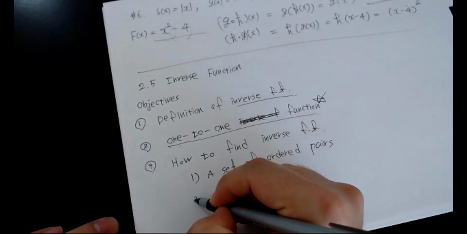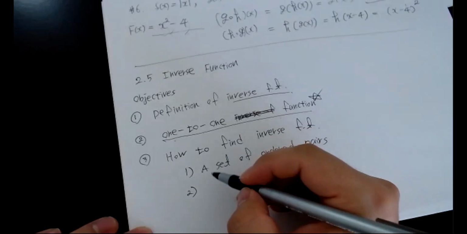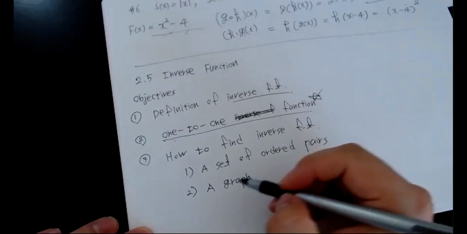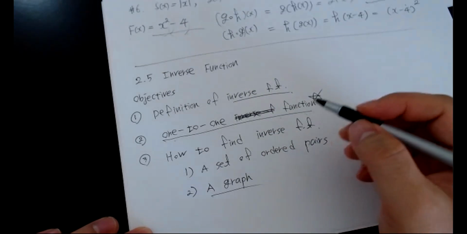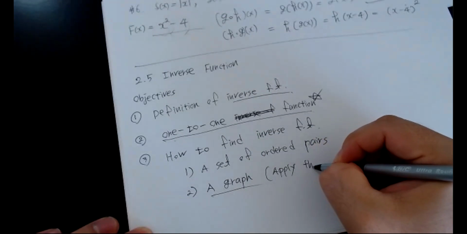So what if the problem gives you the function as a graph? Given the graph, then we apply the horizontal line test.